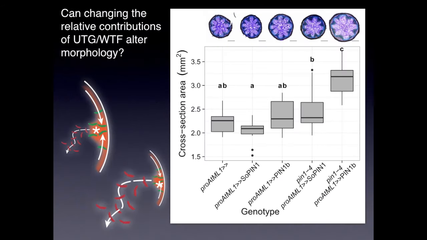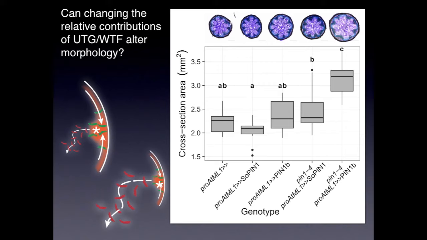Okay. So the last experiment I'll show you is kind of a pie in the sky idea. When we perform this complementation of that interesting pin1-4 allele with sister and pin1b, while I said the complementation is perfect, the plants are phenotypically pretty different. And the most clear difference is that when you complement with pin1b, the stems are really thick, okay? They're very thick stems. Despite that, the vasculature is perfectly formed, the phyllotaxy is perfectly normal, and yet we have a morphological difference.